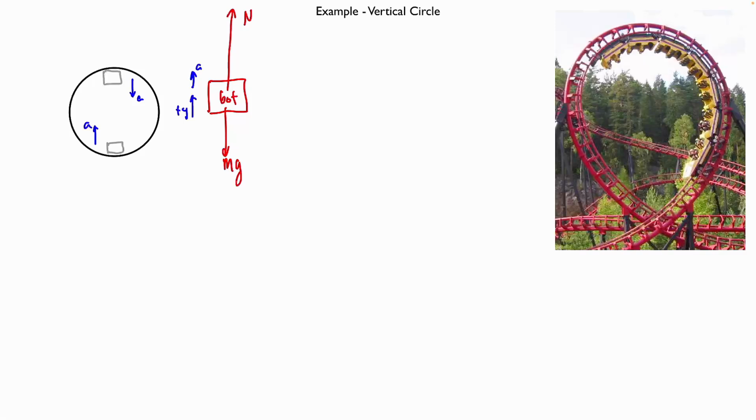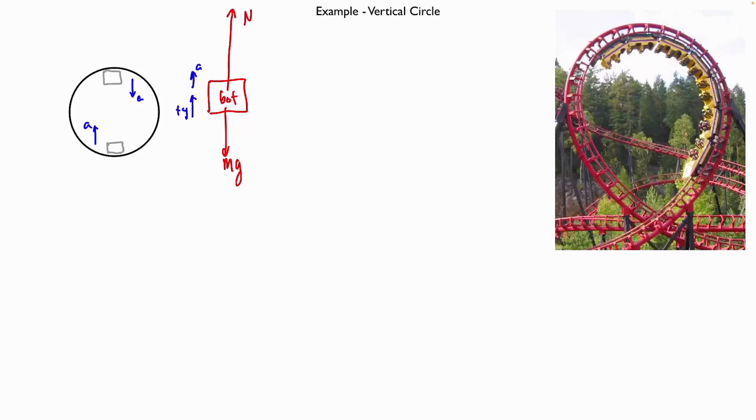Like friction, if we had it here, which way would friction be pointing? Opposite the motion everywhere. It's always going to be tangential to that circle, perpendicular to the normal force. So that's not really causing circular motion at all. It's causing it to speed up and slow down as it goes around the circle. But I want to focus on the forces that are really contributing to this circular motion.